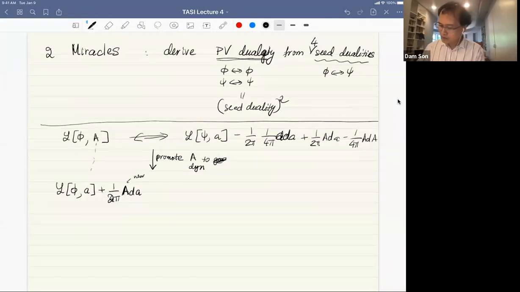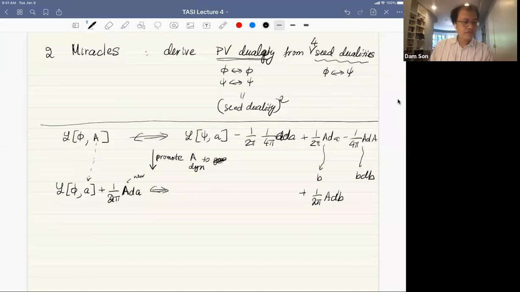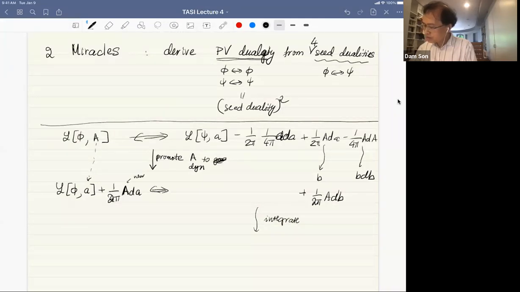The old A is promoted to a small a and integrated over. The left hand side, I can do that. I replace all this A by a new B, BDB, and then add here 1/2 pi ADB. And then on the right-hand side, I integrate over B.